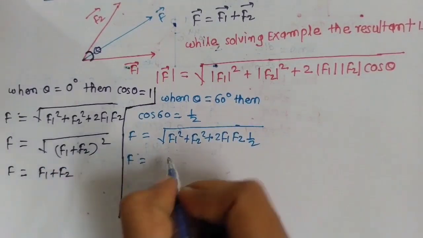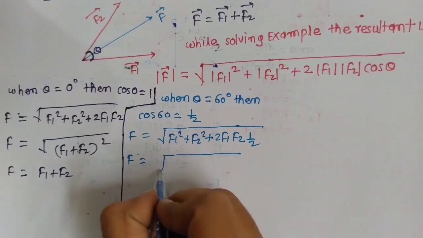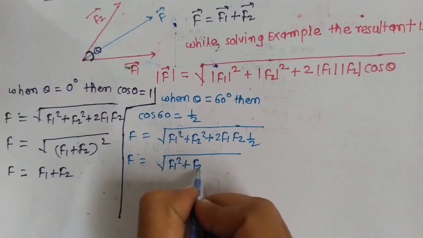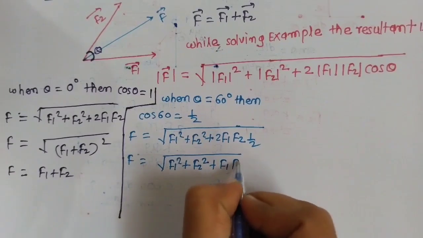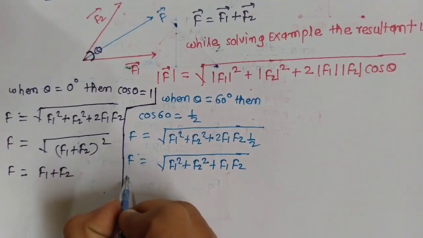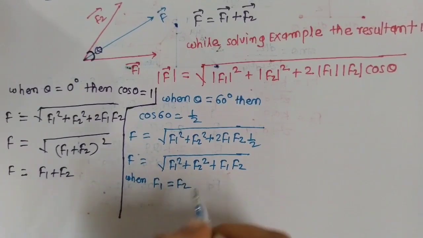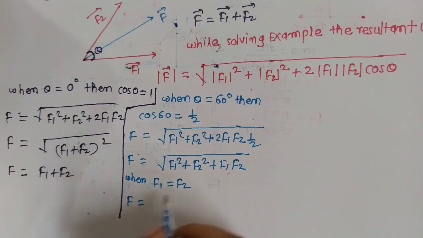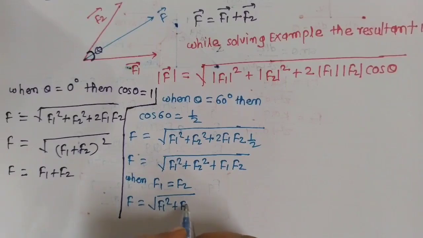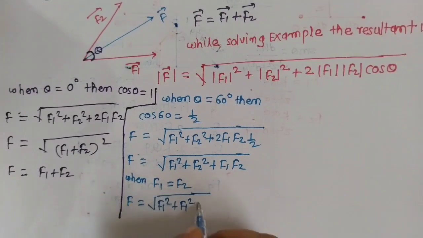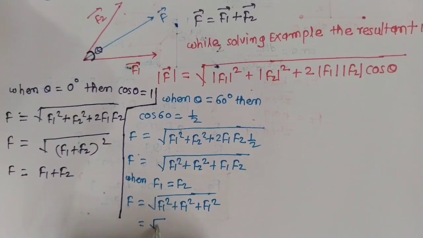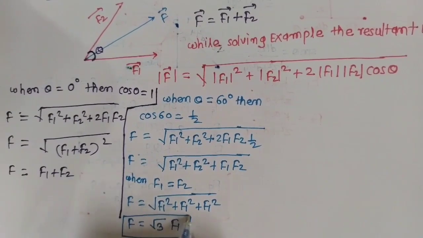When the forces are the same, F1 is equal to F2, so we can write F1 square plus F1 square plus F1 into F1, F1 square, so thrice F1 square under root, so root 3, and square and square root get cancelled, root 3 F1.